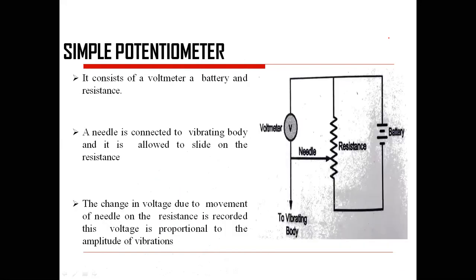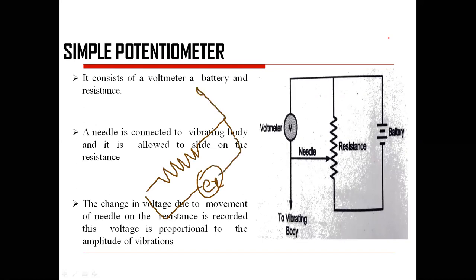Simple potentiometer. Now, in a simple potentiometer, what is there? Suppose I am having a resistance which has been excited by some source. This is the excitation by some source. And here I am measuring the resultant output.